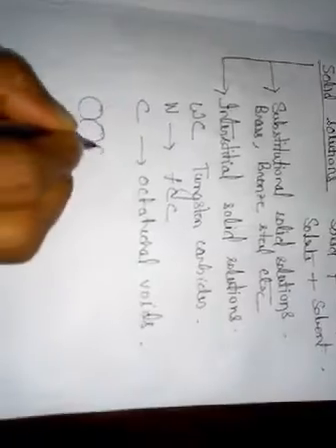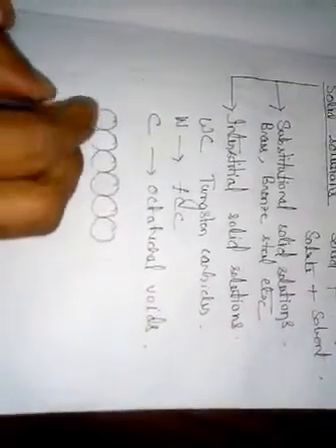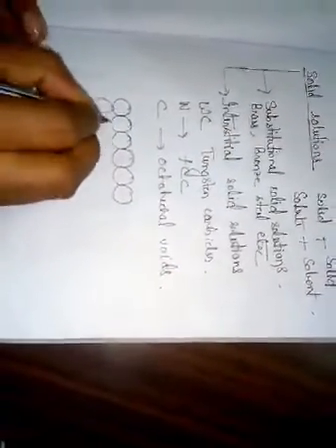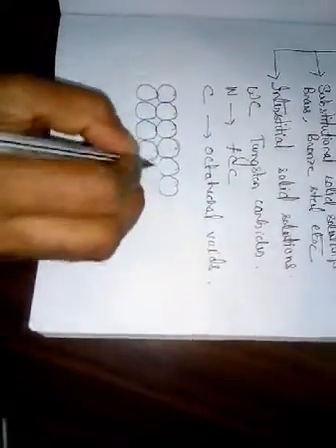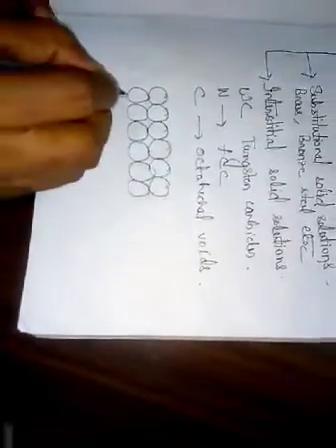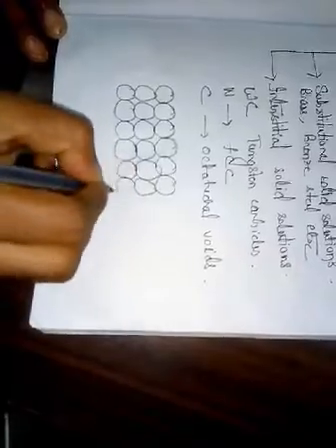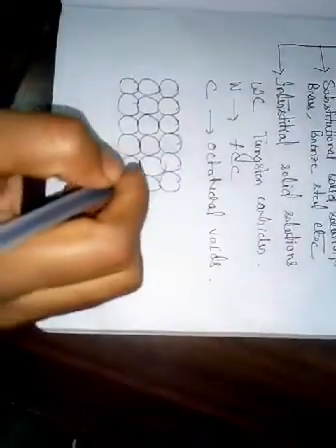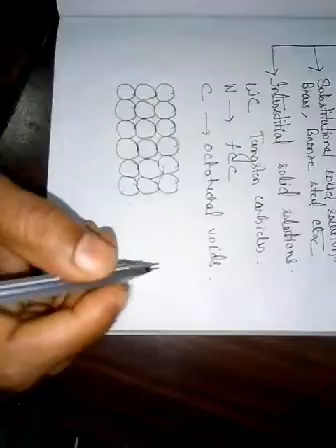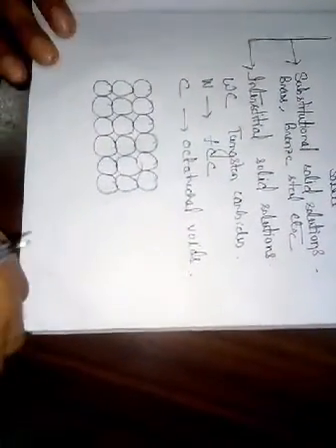So if I have a lattice like this, suppose I have taken this piece of solid made up of these kind of ions or atoms.